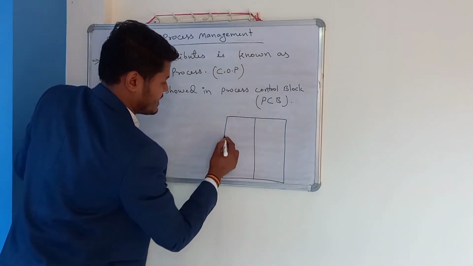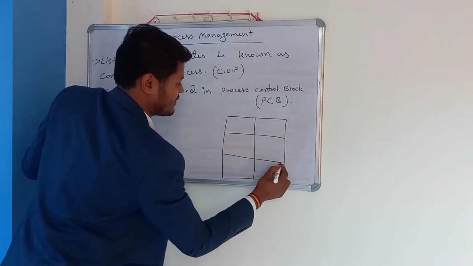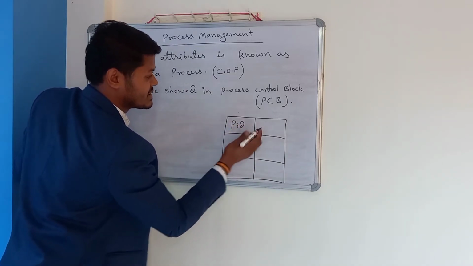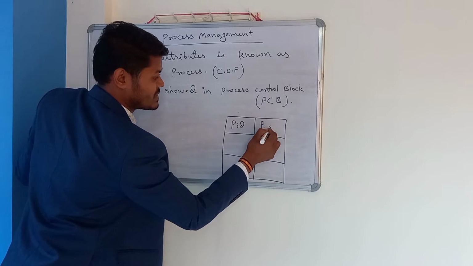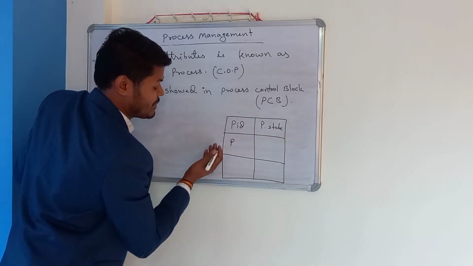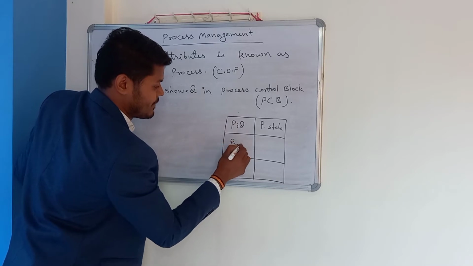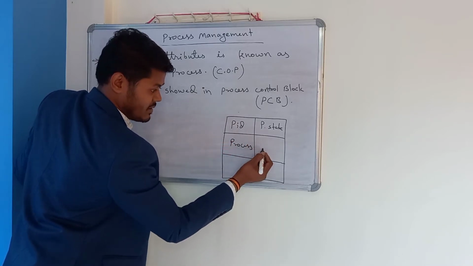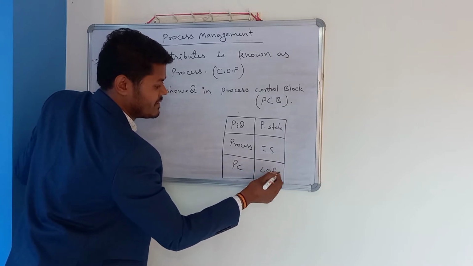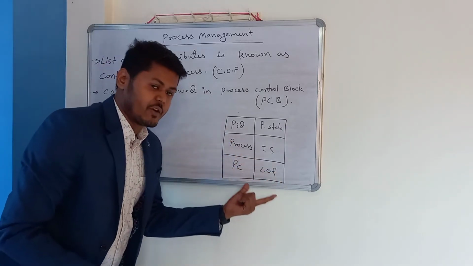Here there are various pieces of information, like the PID, process ID, state of a process, priority of that process, information security, program counter, list of open files.